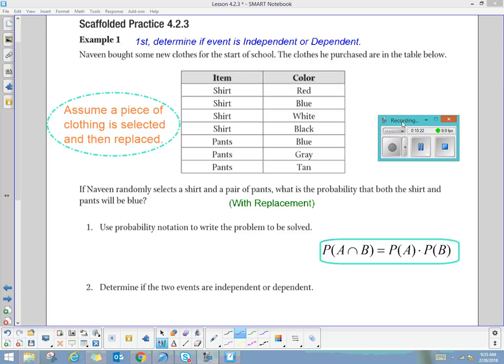That really alters how you calculate the probability, and it really alters in determining if the event is going to be independent or dependent. Now, for this particular example, it is not really specified, so let's assume the piece of clothing is selected and then replaced. So this is going to be an example with replacement.